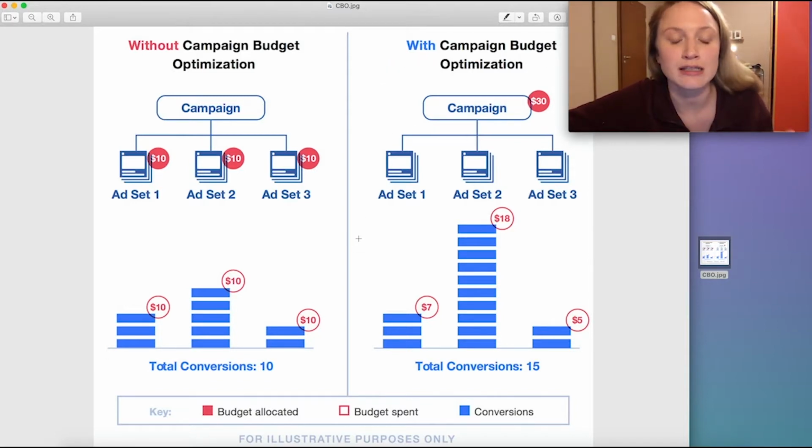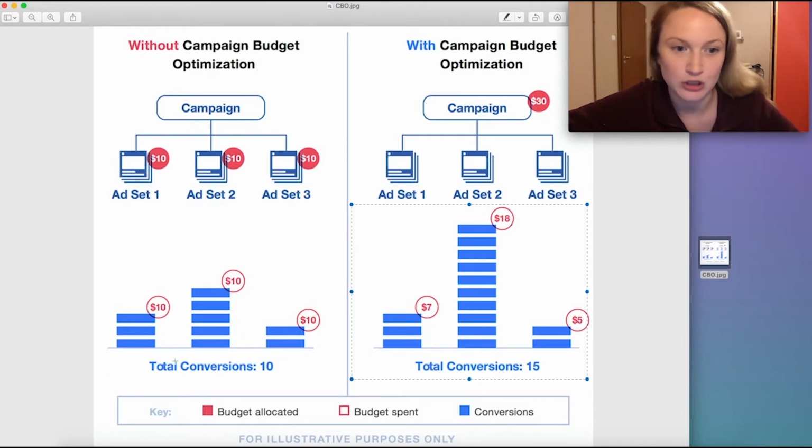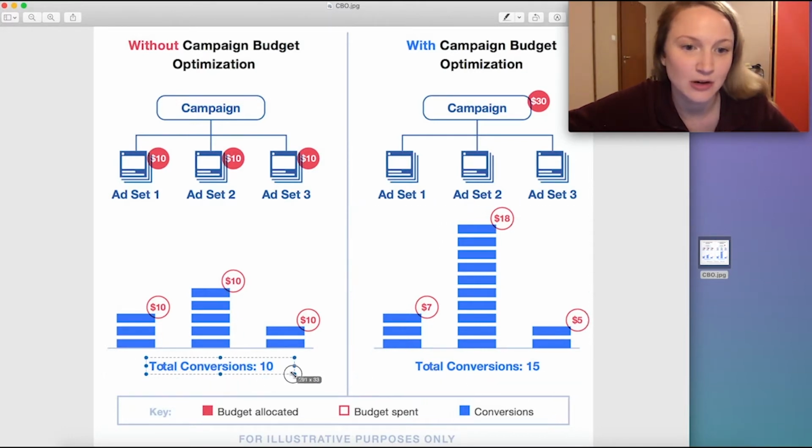Now, essentially what CBO is doing for this specific campaign is that it was able to get more conversions because it was able to pull more money into the ad set that was doing the best.